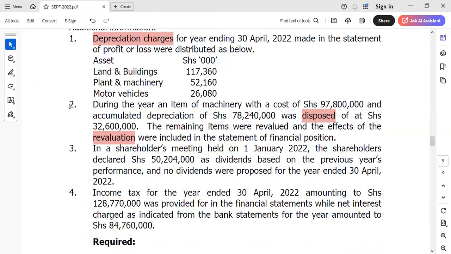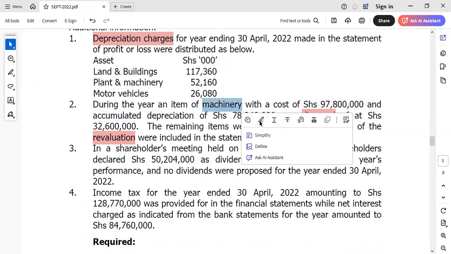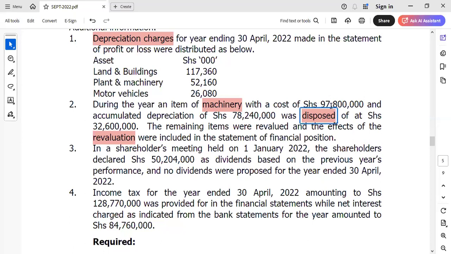But number two, they told you that during the year an item of machinery, with a cost of shillings 97.8 million and accumulated depreciation of 78.24 million, was disposed of.